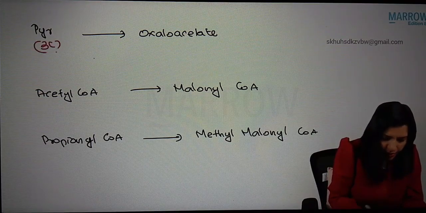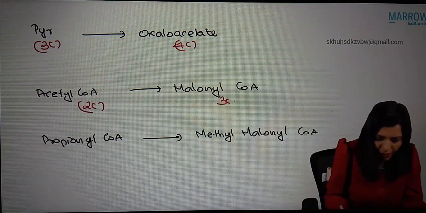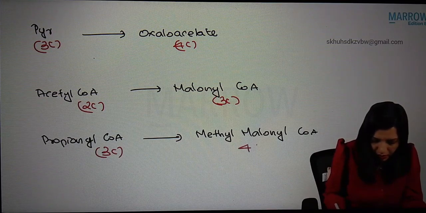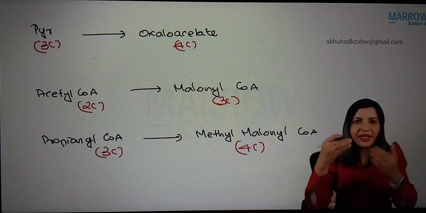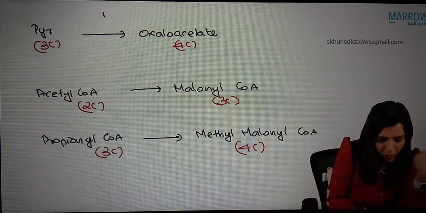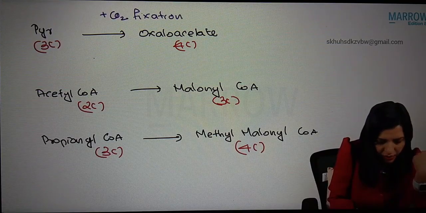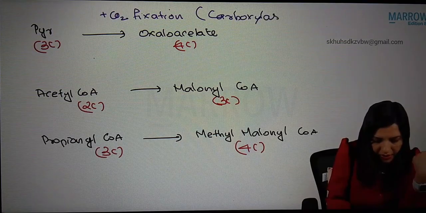This is a 3 carbon, this is a 4 carbon. This is 2 carbon, this is 3 carbon. This is 3 carbon, this is 4 carbon. Now in all these reactions, it is an addition of a carbon dioxide. So all these are carbon dioxide fixation. That is why they are called carboxylases.